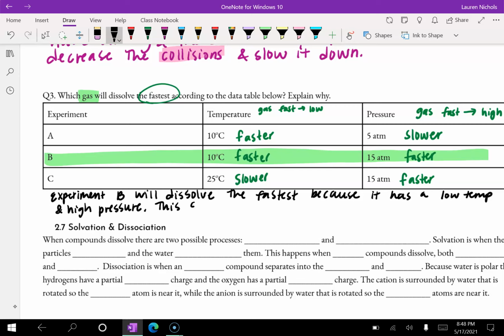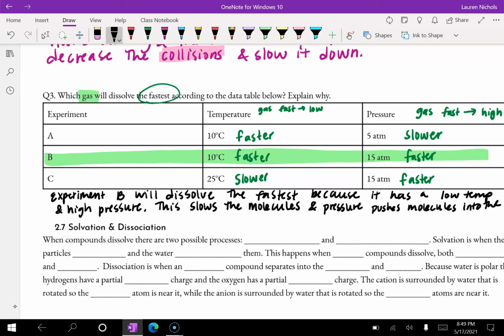This slows the molecules, right? A low temperature slows down the molecules, and the pressure almost pushes, we can just say pushes the molecules into the solution.